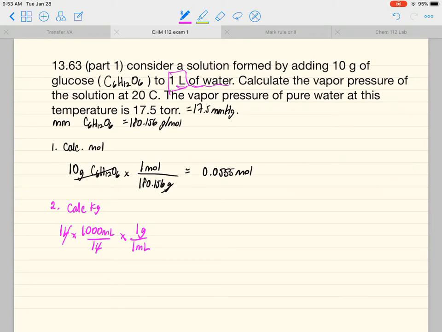Okay? So you need to remember that. That's the density of water. So the milliliters will cancel here, and so that's 1,000 grams, which is the same thing as 1 kilogram. Okay? So 1 liter of water weighs 1 kilogram. So let's go with the 1,000 grams here.